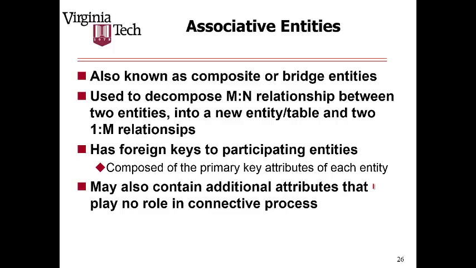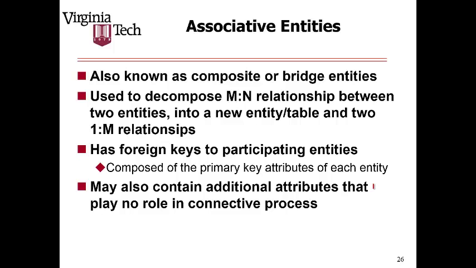Well, this is an example of a ternary associative entity, prescription is, but we also know to decompose our many-to-many binary relationships into a new entity and two one-to-many relationships. Often these new tables or relations have a composite key that includes the primary keys of the other two entities as its pieces.